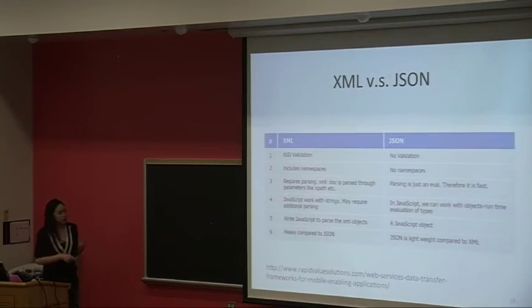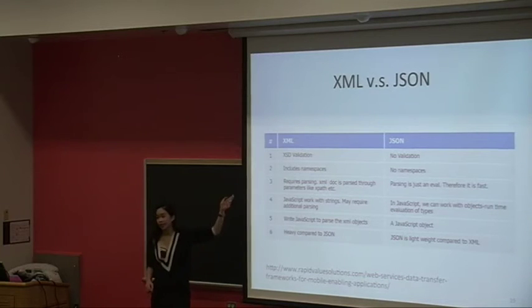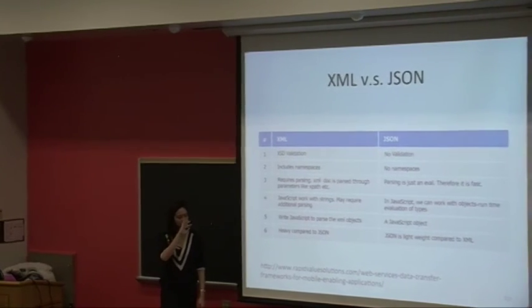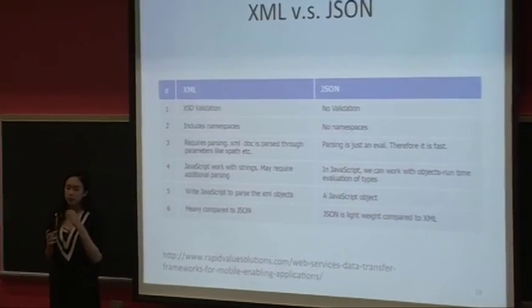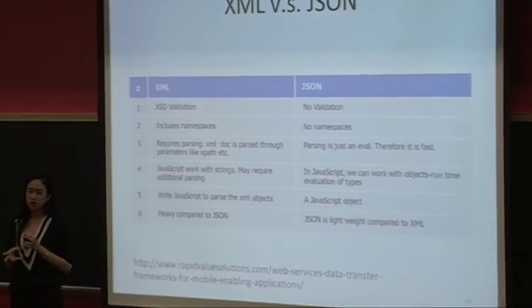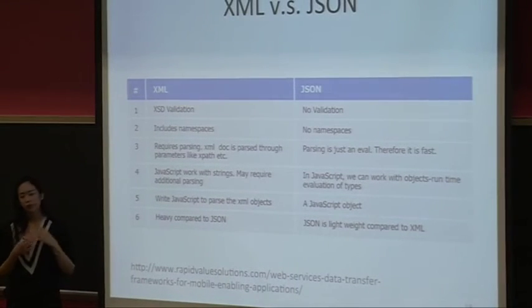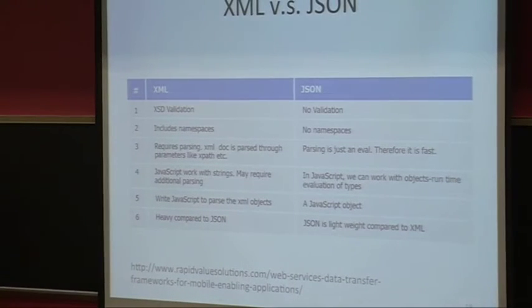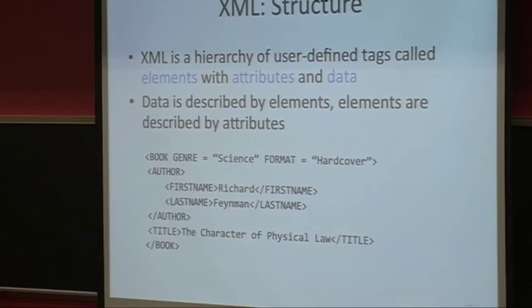I found this in this reference here, comparing different pros and cons between XML and JSON. But one of the most important things you can remember is that JSON is efficient in different aspects. For example, when we look back on these examples, we have JSON represented this way, however, XML needs to represent it that way.